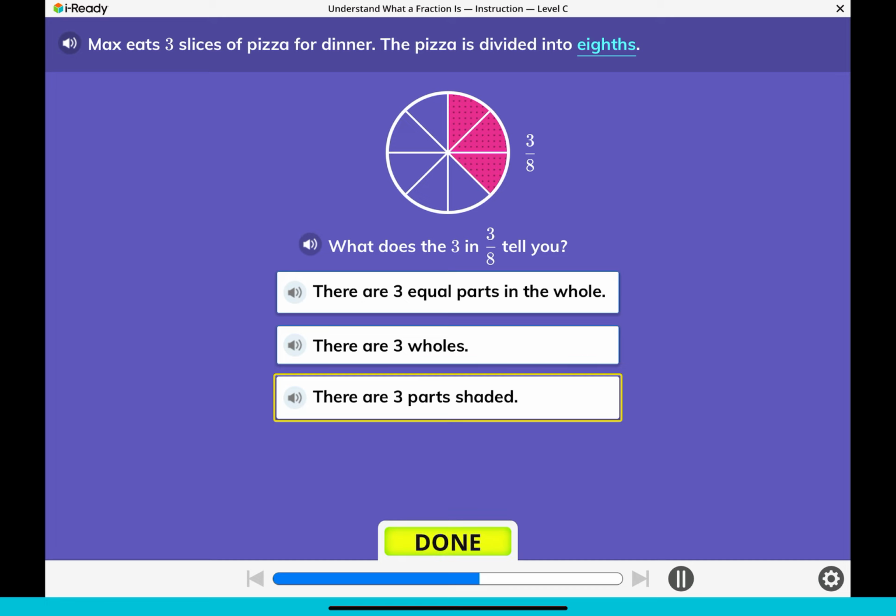That's it. 3/8 describes 3 parts of a whole that is divided into 8 equal parts.